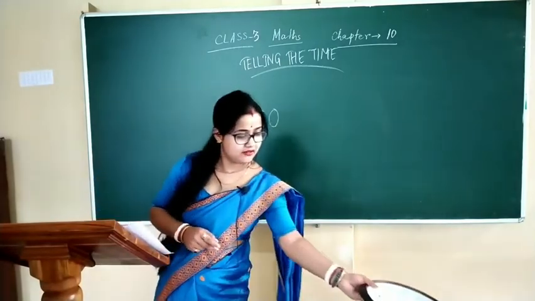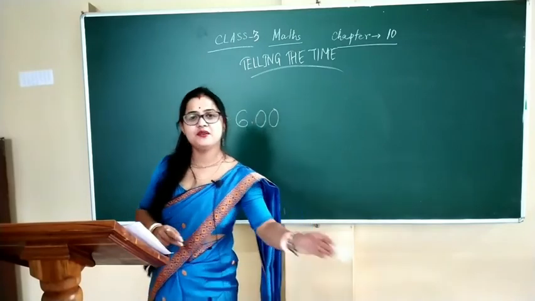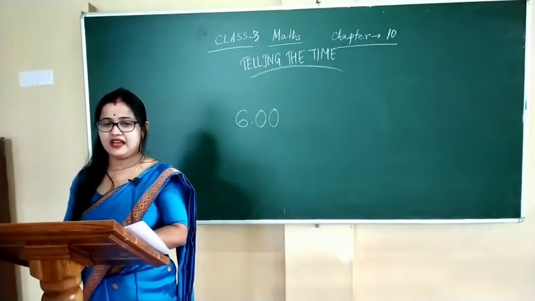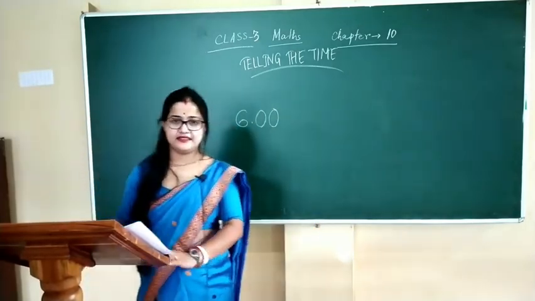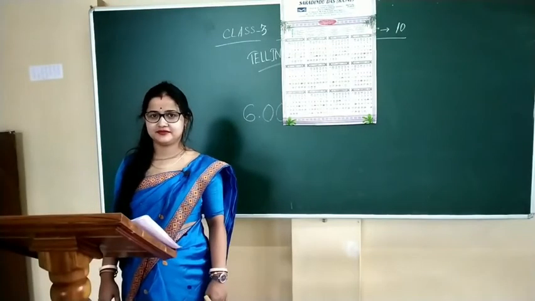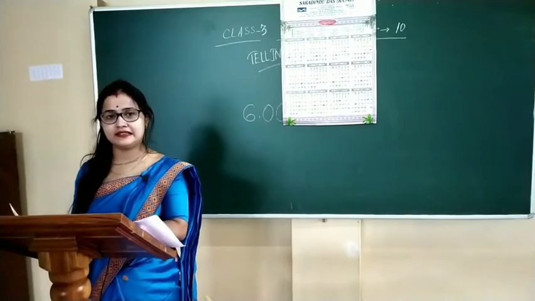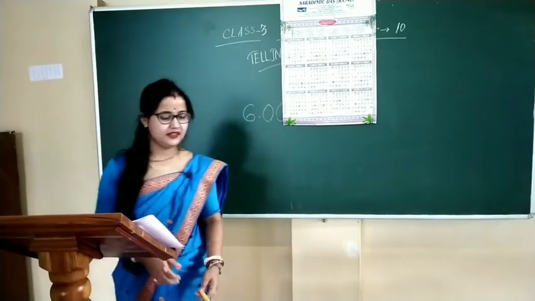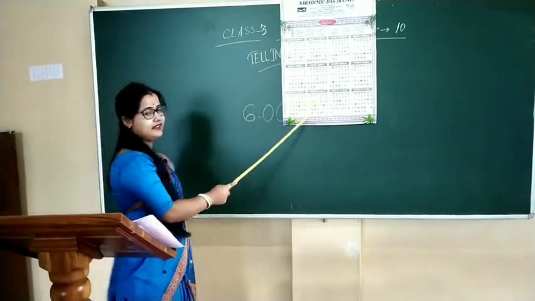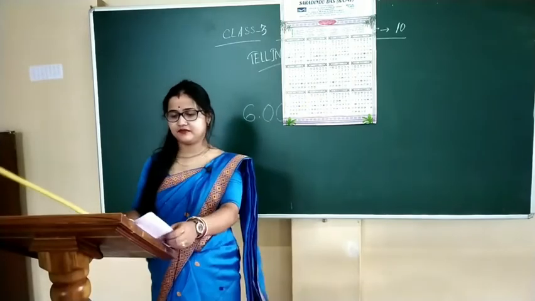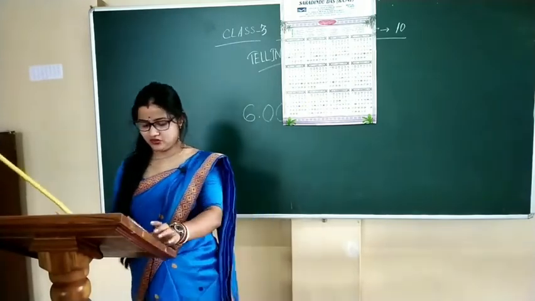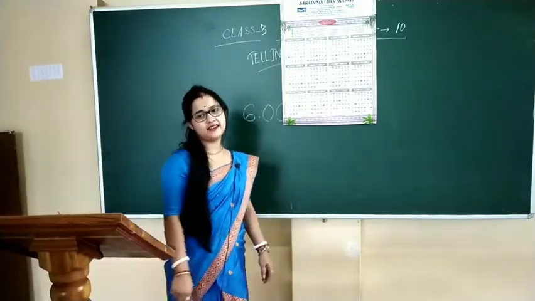Hope you all have enjoyed learning about time, isn't it? Next is calendar. So, our next topic is calendar. You see, this is a calendar. So, how many months are there in a year?